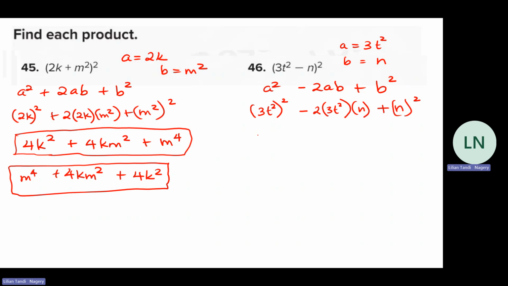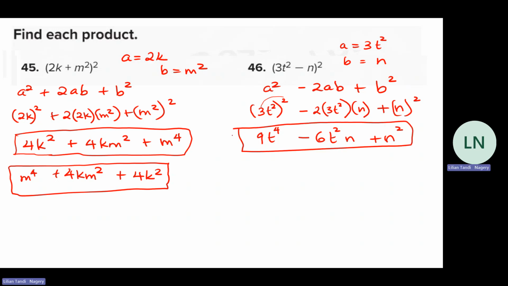So this becomes 9t to the 4th, because 3 squared is 9, and t squared squared is t to the 4th power, because you multiply these two. And then this becomes negative 6t squared n, and plus n squared. This is your answer. Make sure you show all your steps. Show all your steps.